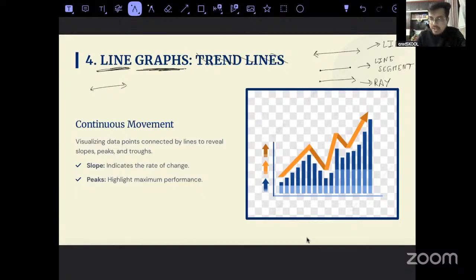I'll explain how it is helpful after line graphs. Can anyone answer, please? Okay, no worries. I think I'll explain what is a graph. Just a minute, I'll explain.